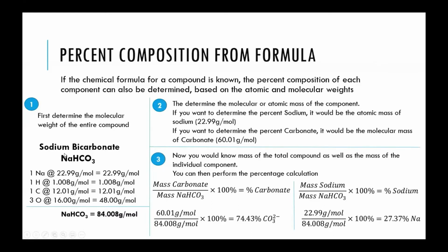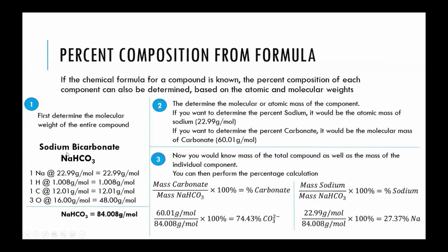In this case of sodium bicarbonate, you have a total molecular weight of 84.008 grams per mole. 22.99 grams of that comes directly from the sodium. So the percentage of that would be 27.37% sodium.